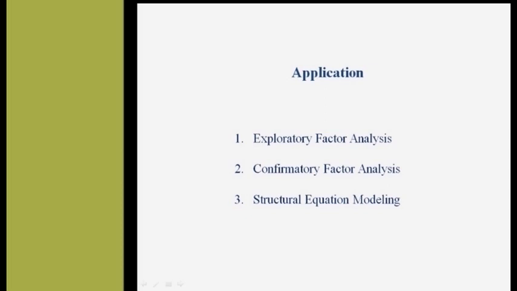Let's go to the application part. Application means here we will get to know when a researcher uses these measures. The first is when a researcher performs factor analysis. There are two types of factor analysis: exploratory factor analysis and confirmatory factor analysis. In exploratory factor analysis, a researcher wants to know the scale's nature with respect to the sample used in the study.